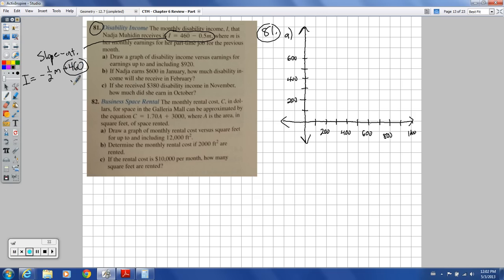So this is the y-intercept right here. This is the slope right here. You could also use plotting points, the XY tables, to do this. But 460 is going to be in between 400 and 500, but just a little bit higher than halfway.